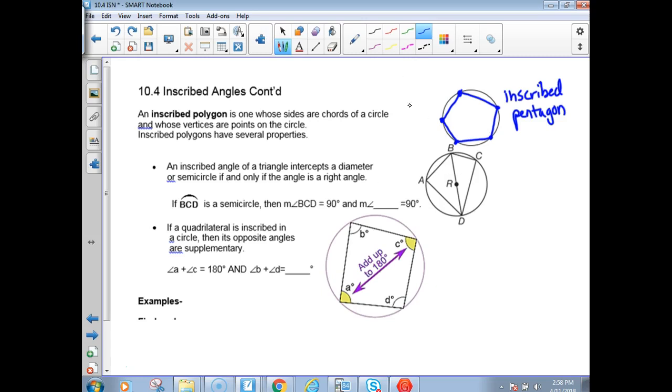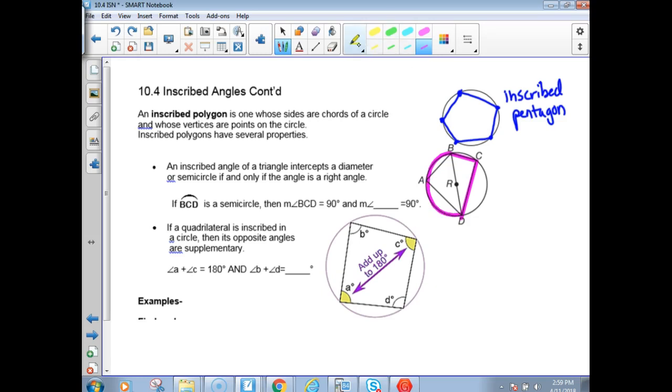Well, why would that be? I'll explain. Angle BCD, it says, is 90. And it's 90 only if it intercepts that diameter BD. Here's the reason. This is intercepting half the circle.